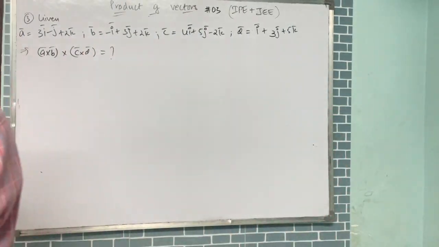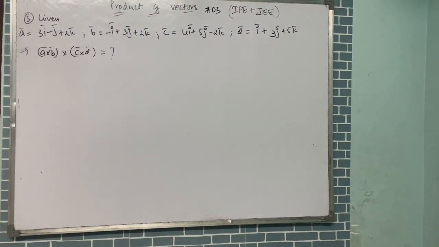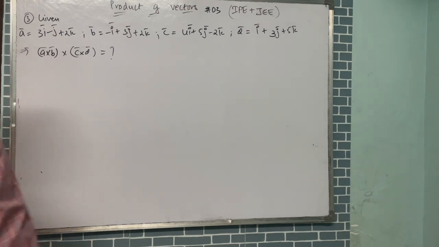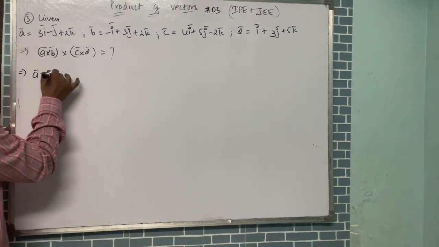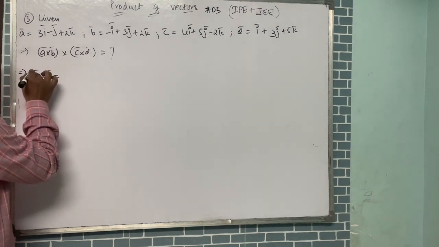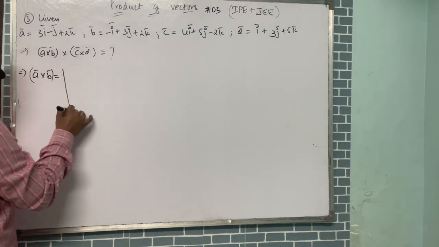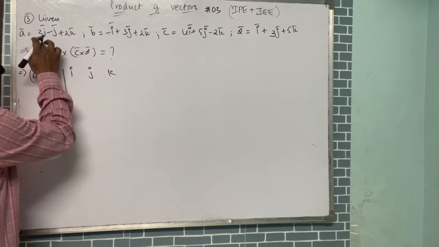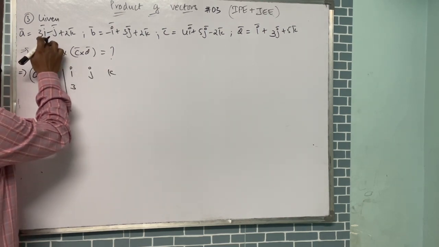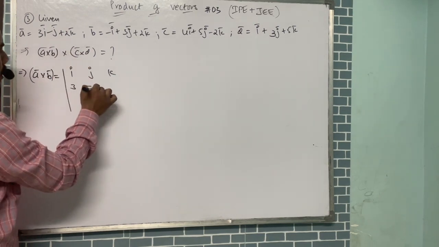Okay, if you have any confusion in the previous videos, listen now at least carefully. So first we'll do A cross B. Cross product means you should write I, J, K, and write the coefficients. I component is 3, J component is -1.